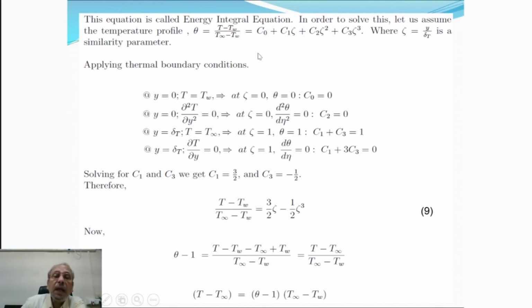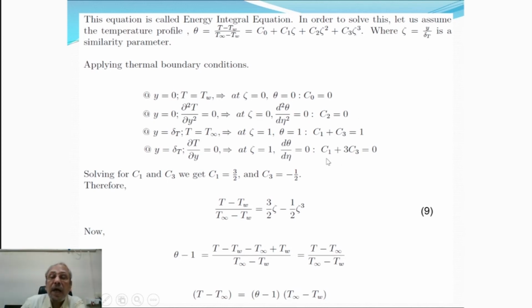Let me repeat: at y equal to delta t, xi equal to 1, differentiating with respect to xi once, C0 is not there, C2 is not there, we get C1 plus thrice C3 xi square.